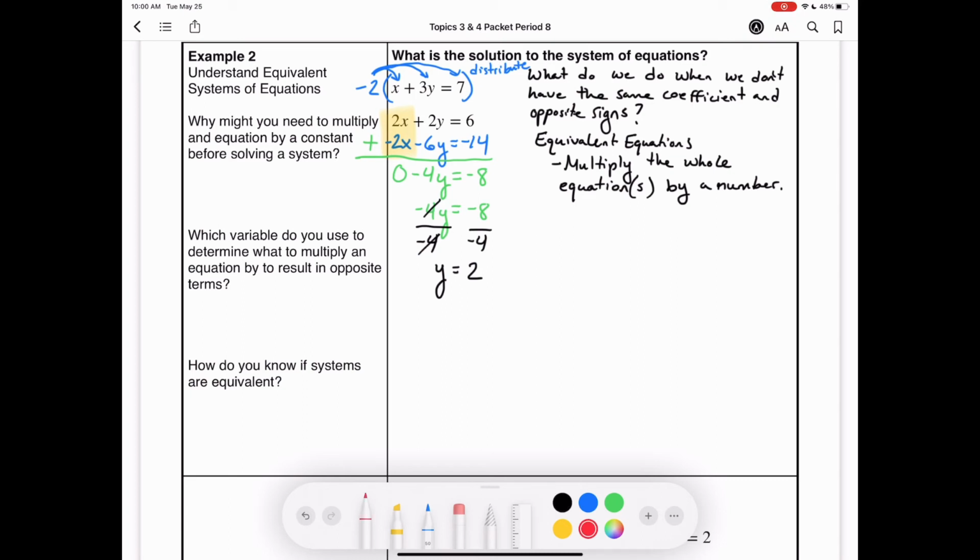Now that we found y, we still have to find x. So we're going to go back to using substitution. We're going to substitute the 2 in for y in one of the equations. It doesn't matter which equation you choose. I'm going to choose the second equation.